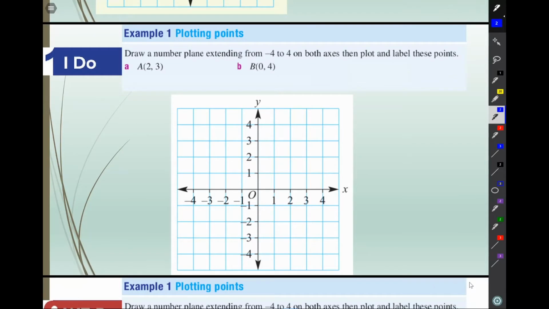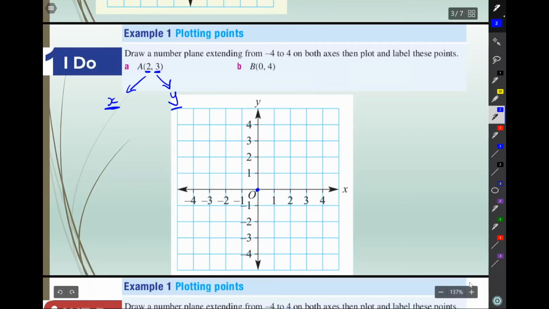Okay, the second thing we need to look at this lesson is how to plot points. Up in the success criteria, we mentioned this thing called crawl before we climb. We also mentioned that x always comes before y. So this number is dealing with the x-axis, and this number is dealing with the y-axis. What I want you guys to remember is that we crawl before we climb.